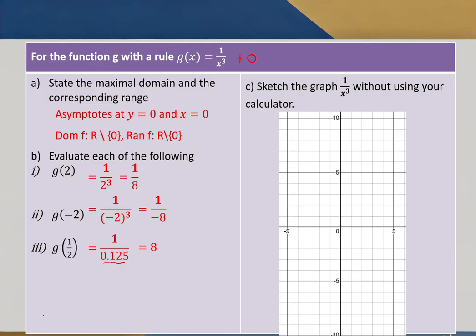This really tells me what my graph is going to look like. It's saying the smaller my x, the bigger my y is going to be. So straight away, if I'm going to graph this, I'm able to place this along this line right here.